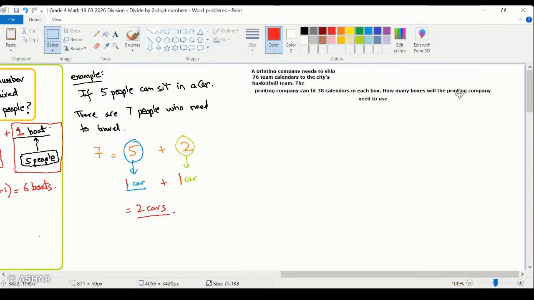The printing company can fit 38 calendars in each box. How many boxes would they need to use?